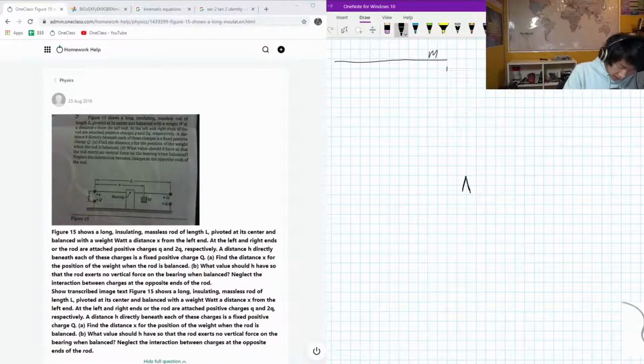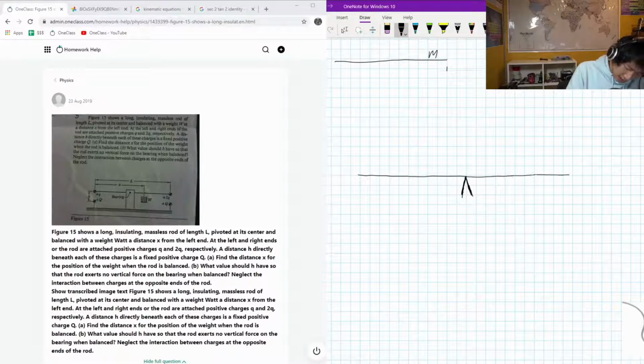So let's say that this is the balance point of our situation. And here is our massless rod. On either end of it, we have positive Q on the left side, and positive 2Q on the right side.